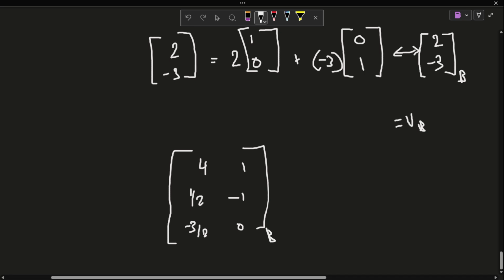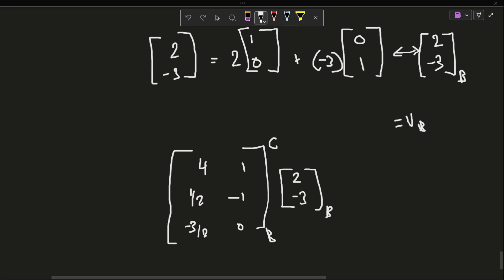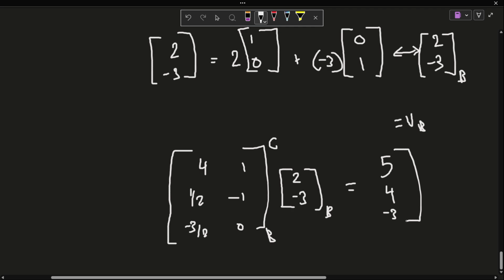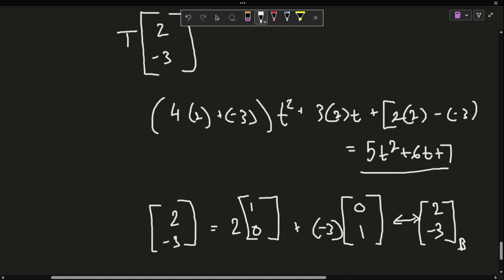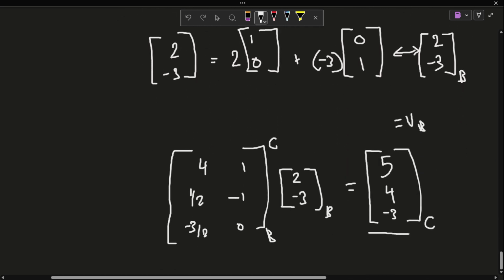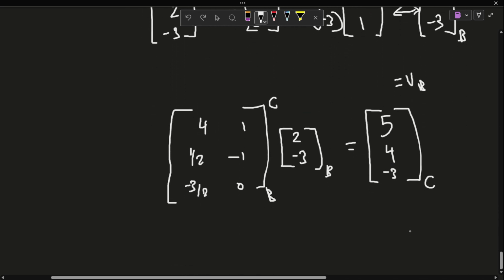So let's say that we take our transformation that we had and multiply it by this new vector, sorry. And that's going to give us (5, 4, minus 3). Okay, and that's C.